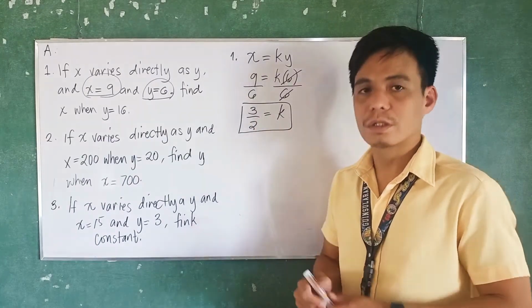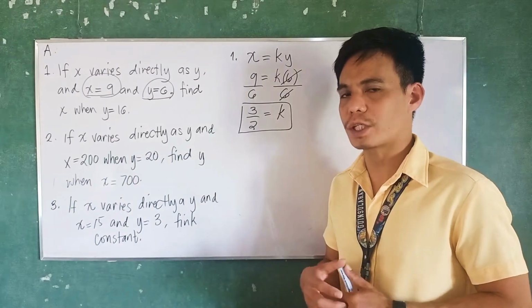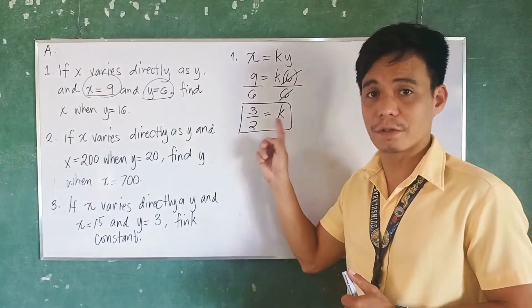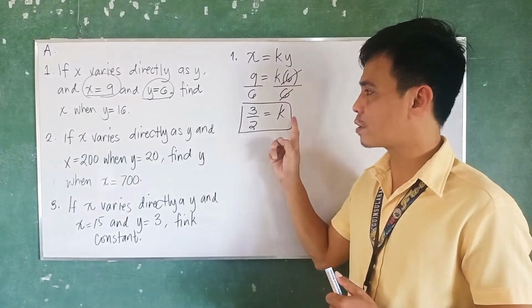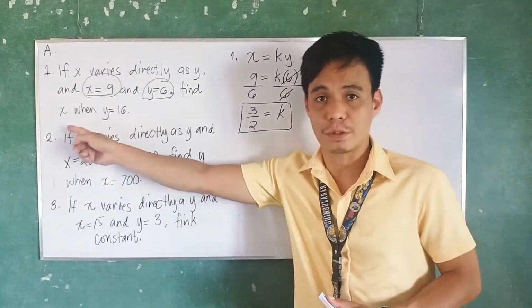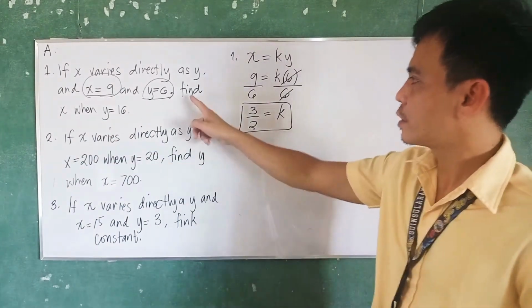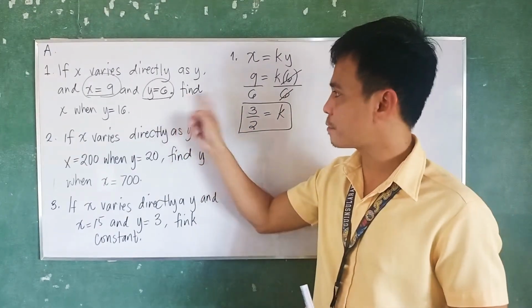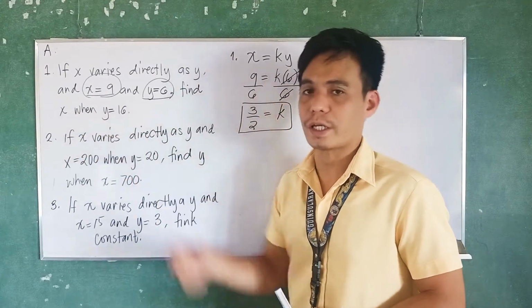So, laging tandaan guys, ang unang-unang kukumputin natin is the value of the constant. Okay? We can use the constant to compute the missing value or the missing variable. So the next phrase is find x when y is 16.